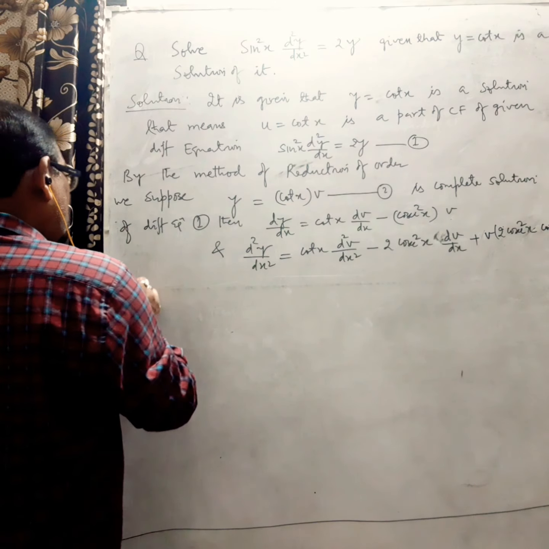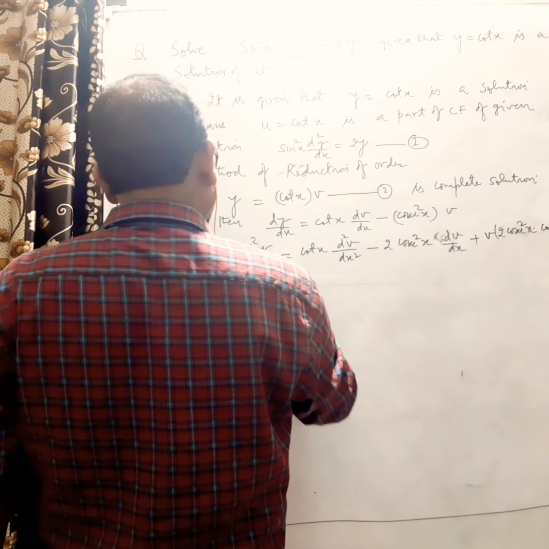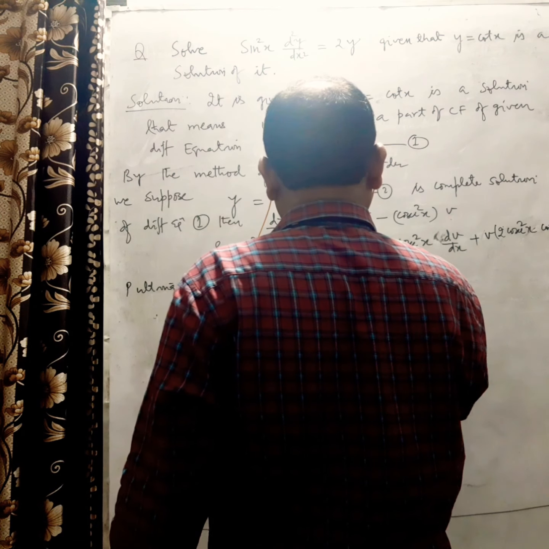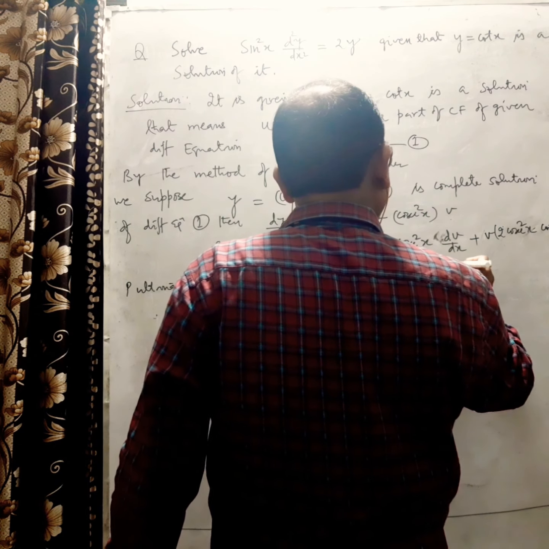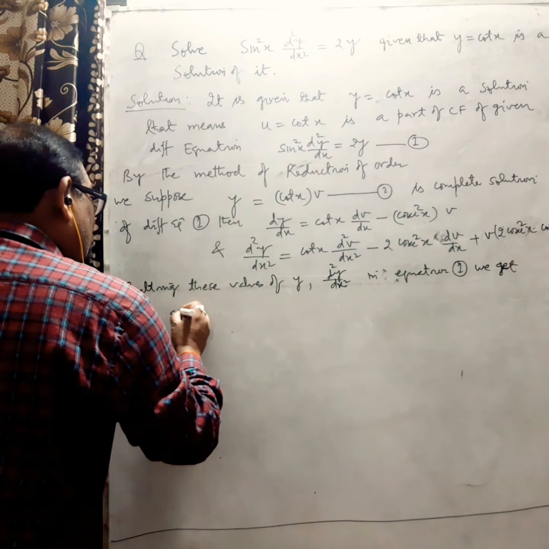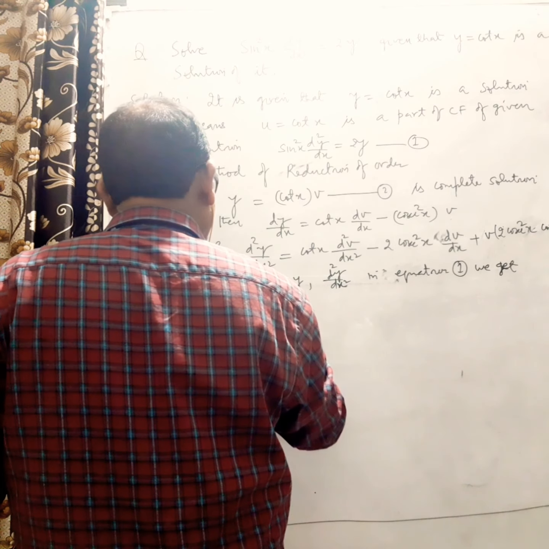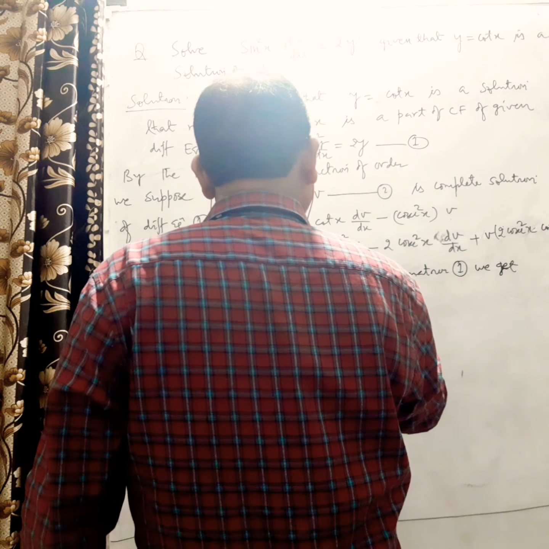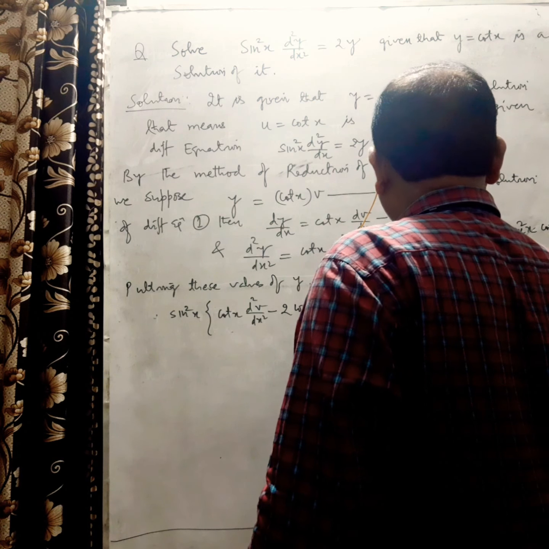So putting these values of y, dy by dx and d2y by dx square in equation 1, we get sin square x times d2y by dx square, which is cot x d2v upon dx square minus 2 cosec square x dv upon dx plus 2v cosec square x cot x.